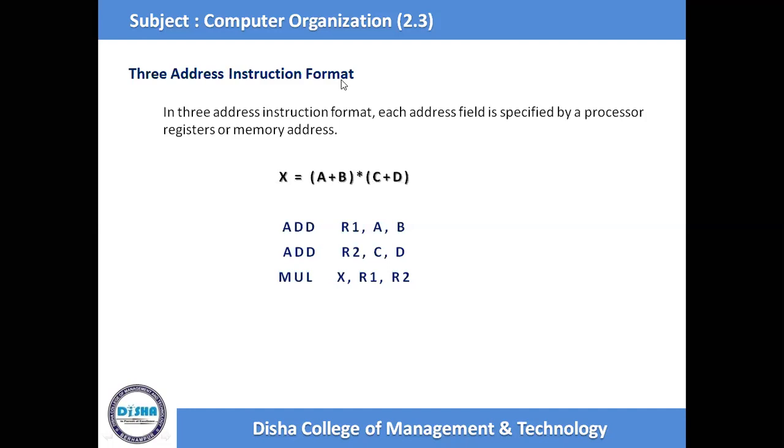In three address instruction format, we need three different operand values or operand addresses, so that our expression can be solved. Okay, so the benefit of using three address instruction format is that we can minimize the length of the program.